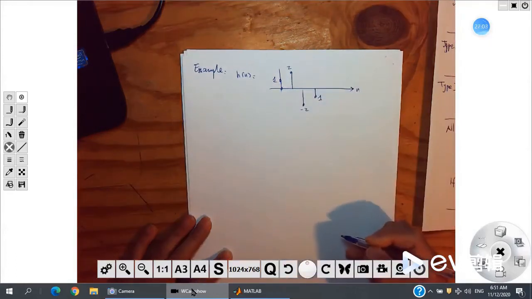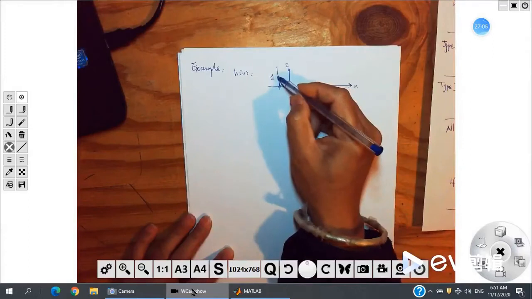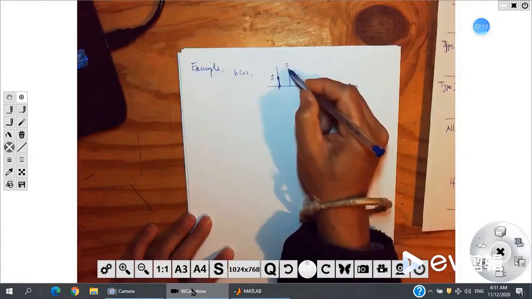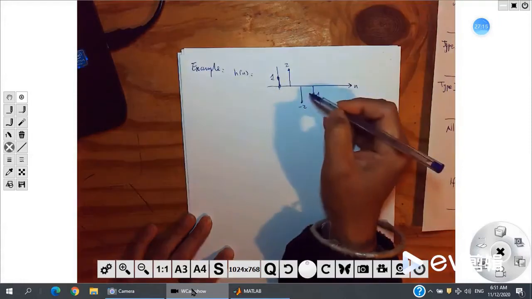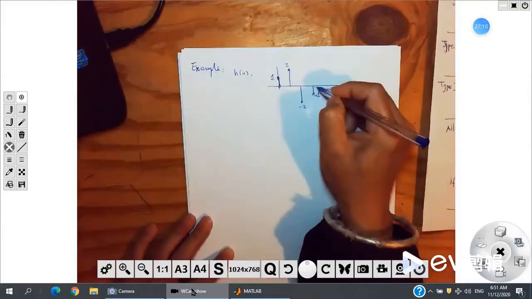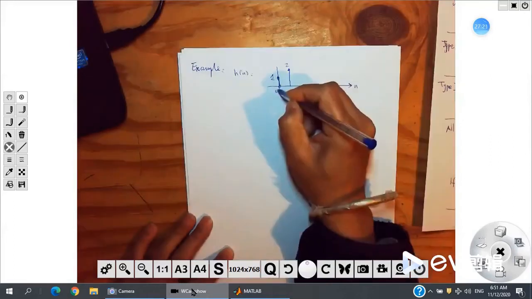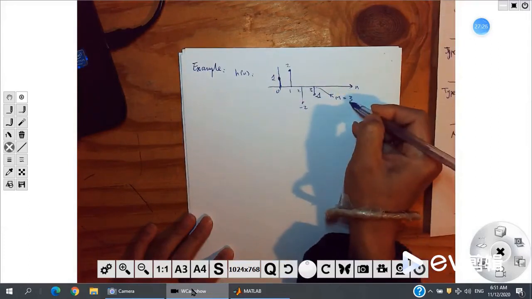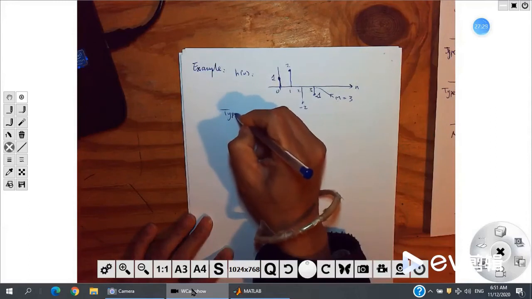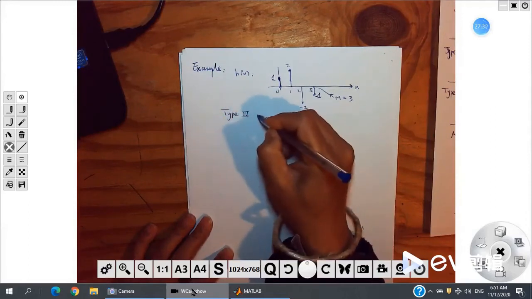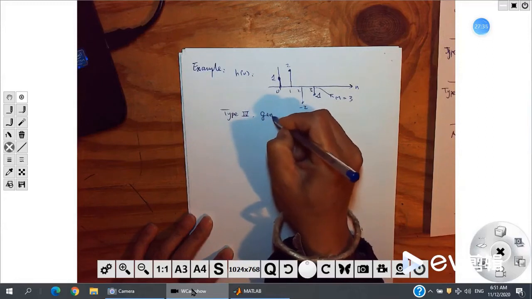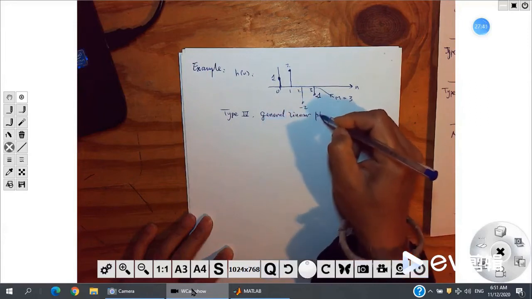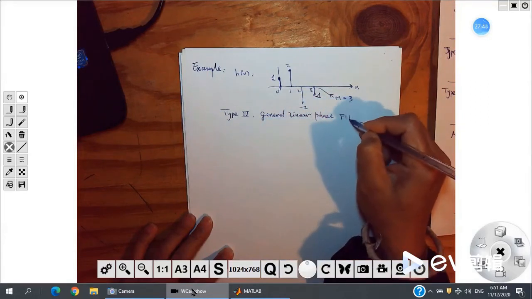This one is 1, this is negative 1, this is 2, this is negative 2. So this will be type 3 or 4. Here m equals 3, so m is odd. So this is a type 4 general linear phase FIR causal system.